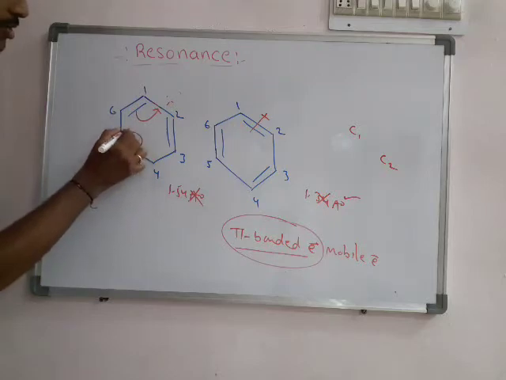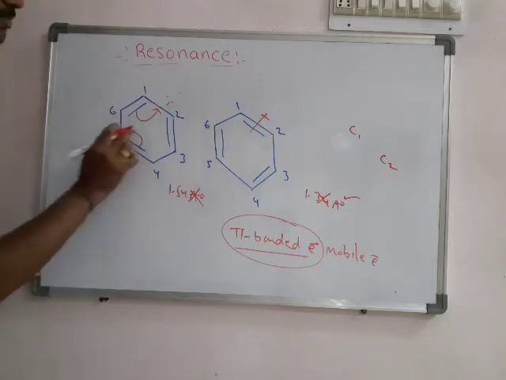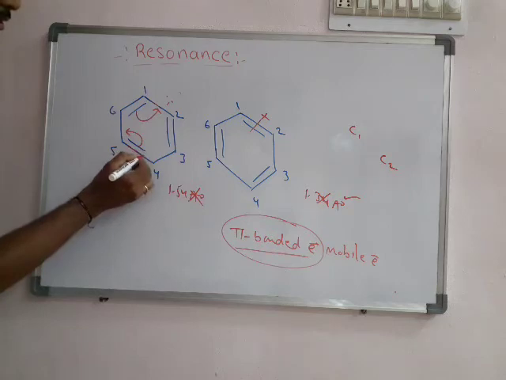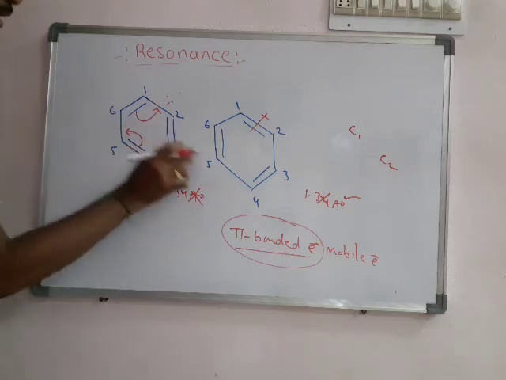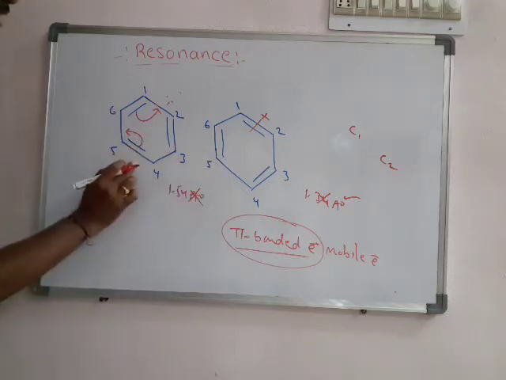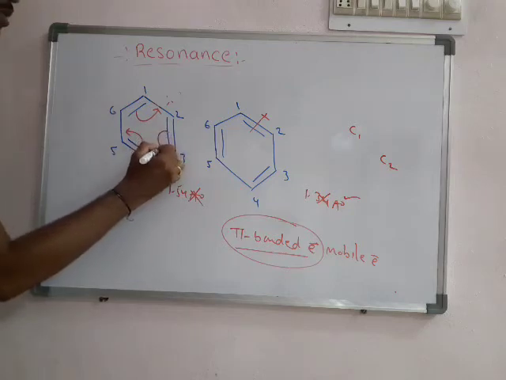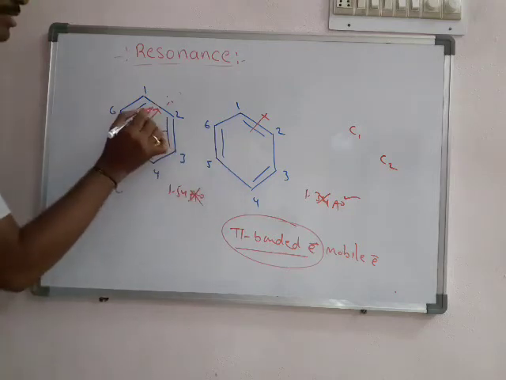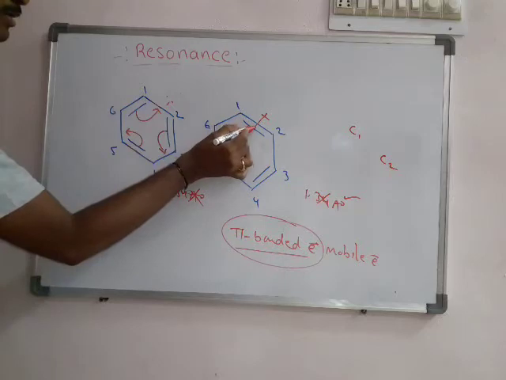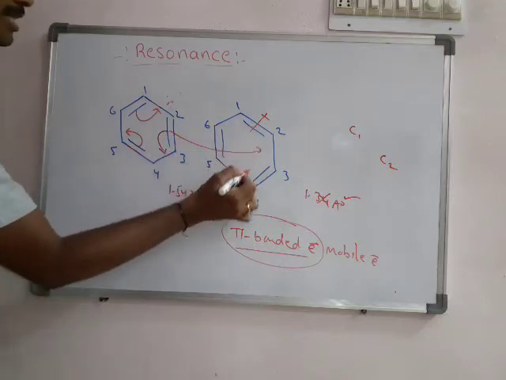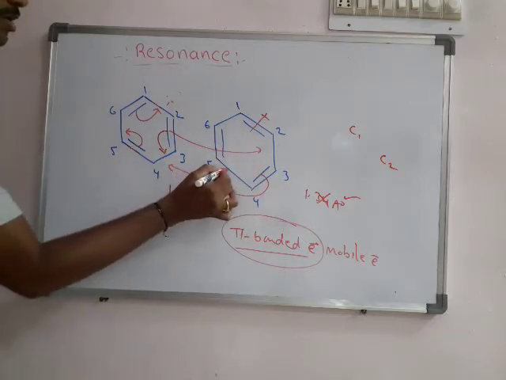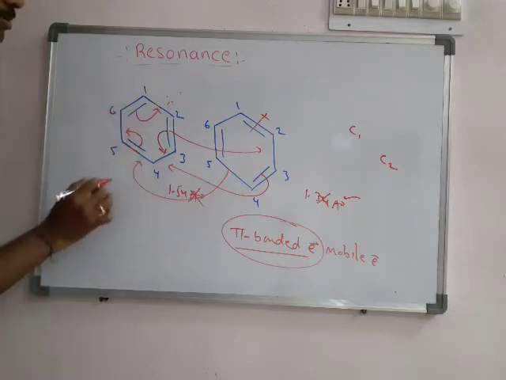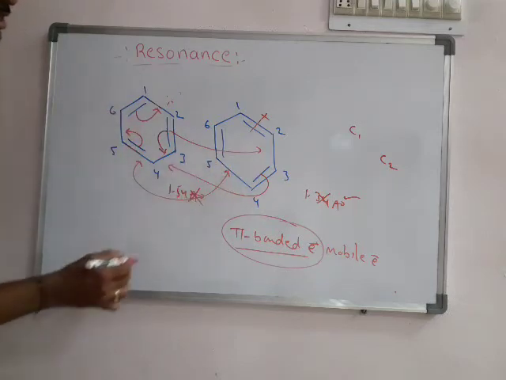Now this pi bond shifted here, here it becomes a double bond. Next, since this double bond shifted, this 4 5 bond becomes single. So now this bond shifted to here, meaning single bond becomes double bond, double bond becomes single bond. So the alternate changes are present.